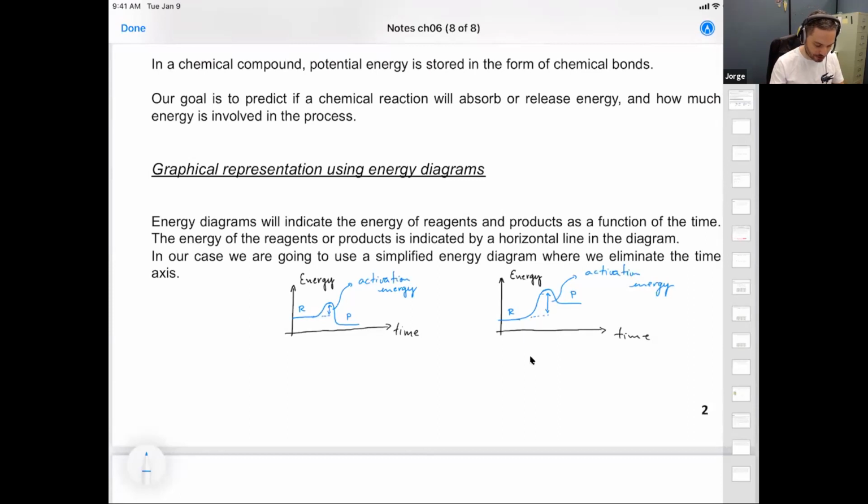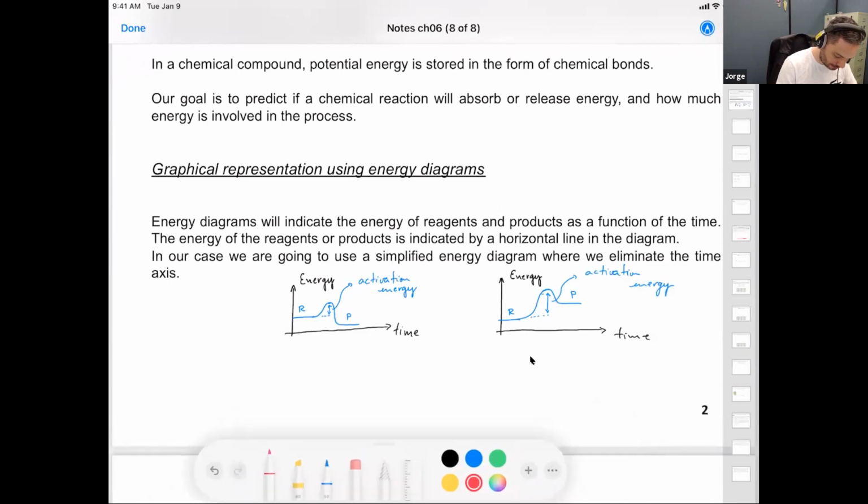And this energy diagram that I showed you here is the complete energy diagram, which includes the activation energy and also the energy of the reagents and products. For us, we are going to use a simplified energy diagram where we eliminate the time axis and also the activation energy.